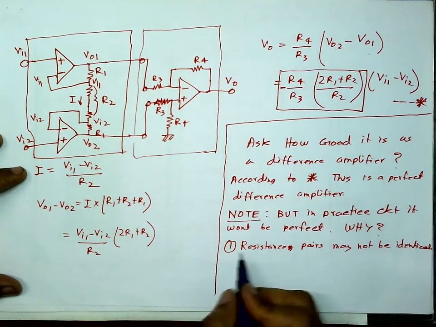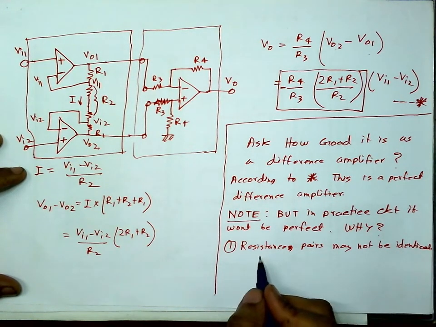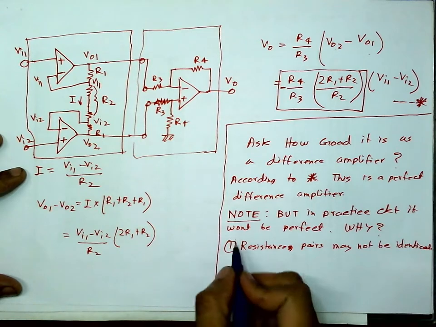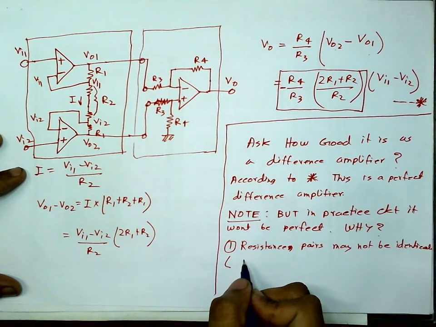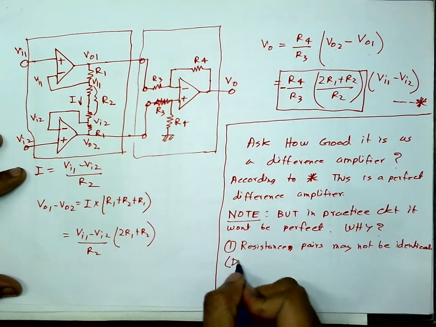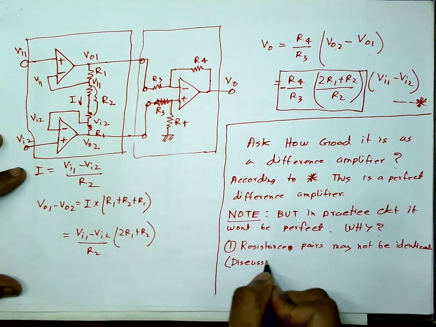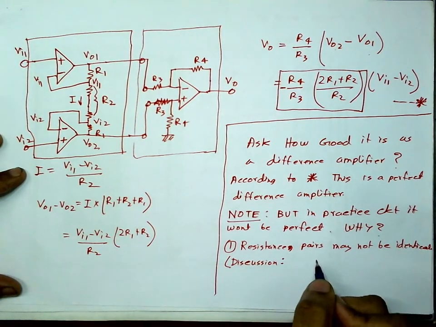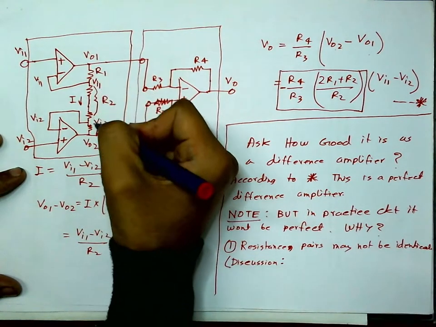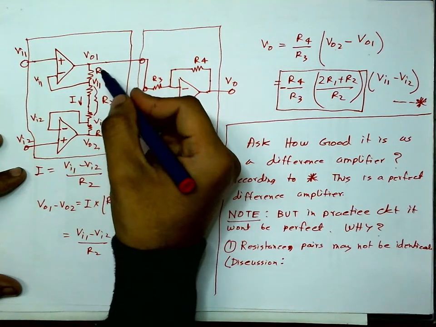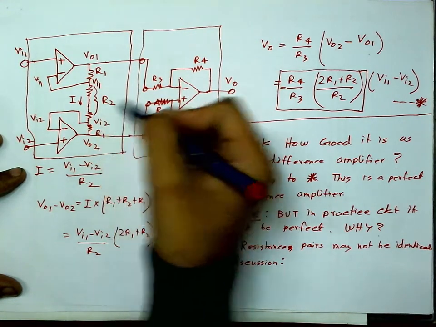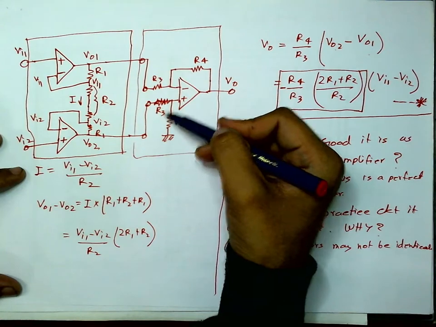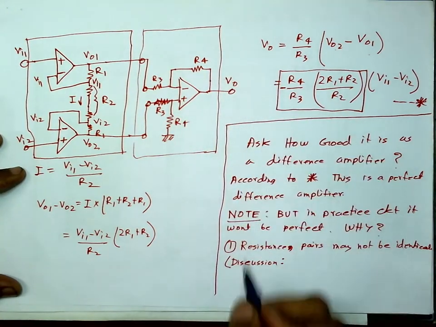I leave it to you in this video as an exercise, or you do it in your discussion section in your report if you like. Take these values as being different: R1 prime, R1 double prime, R3 prime, R3 double prime, R4 prime, R4 double prime.